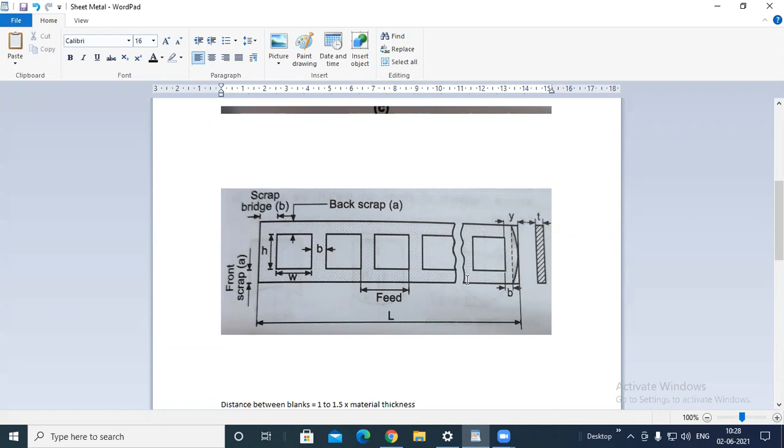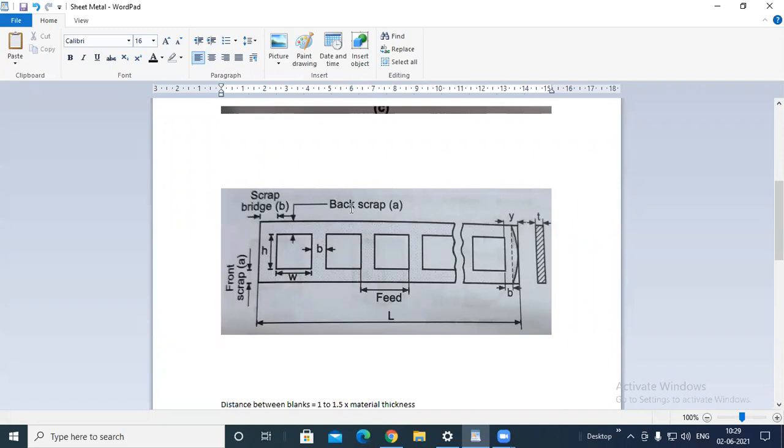Next is the back scrap. This back scrap is nothing but the distance between the blank and the edge of the strip. The same is true for the front scrap: the distance between the blank and the edge of the strip.